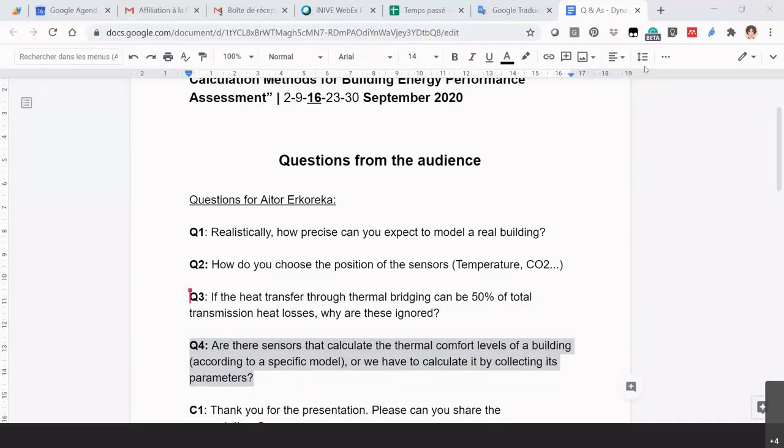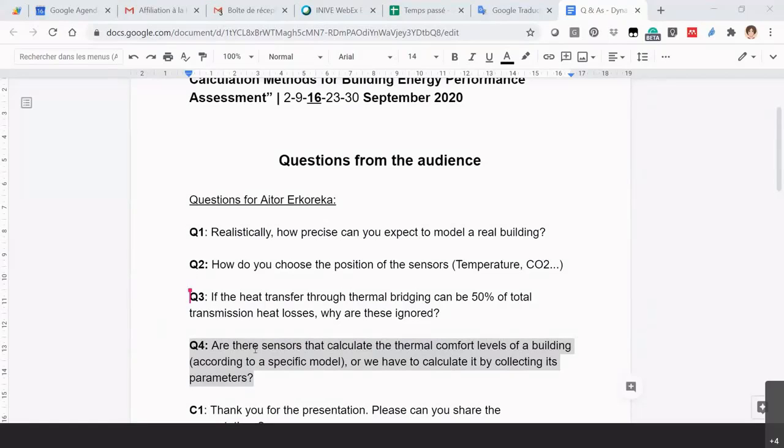Are there sensors that calculate the thermal comfort levels of a building according to a specific model, or do we have to calculate it by collecting its parameters? I don't get the question really well, but for thermal comfort within a building, we usually use these predicted mean vote techniques that tell you, knowing the indoor temperature and the relative humidity, the percentage of the average population that will be in comfort.